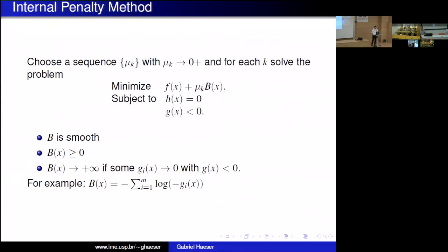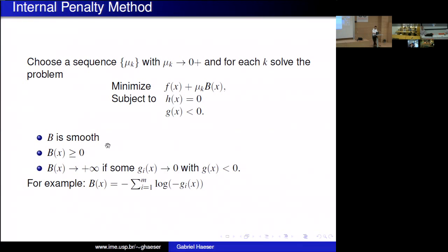Okay, so all we did here was based on the external penalty method, but you can do things very similar with the interior point method. The interior point method is based on the idea of, instead of penalizing a point that is infeasible, you penalize a point that wants to get out of the feasible region.